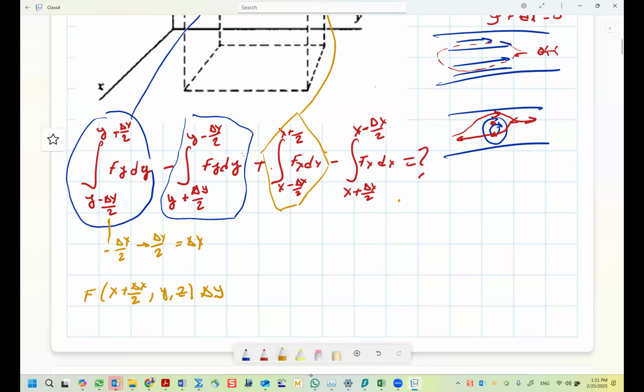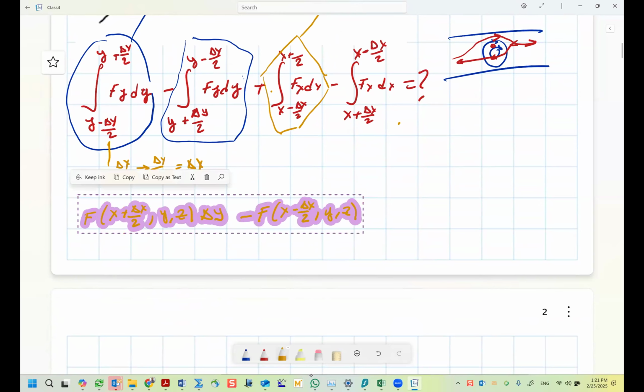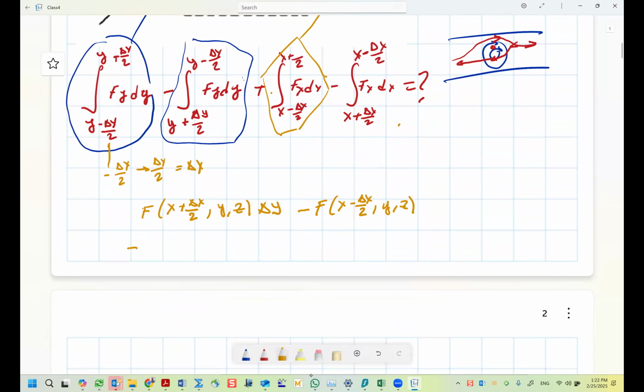The second integral will be minus f of x minus delta x by 2, y, z, and then I have those two integrals. Then I'm going to move it a little bit to the right. All right. Then I have plus, and this will be fx, now it changes.